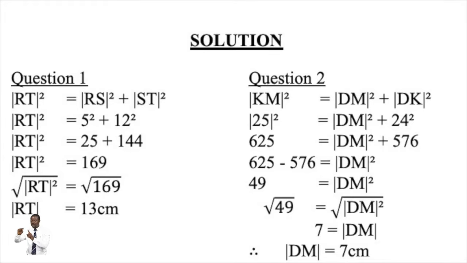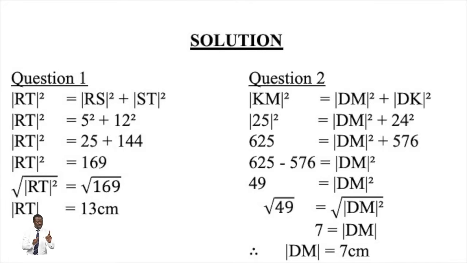From the diagram, the magnitude of RS was given as 5, and that of ST was given as 12. So we make the substitutions rightly. 5 squared gives us 25, and 12 squared gives us 144. Putting them together, we have 169.